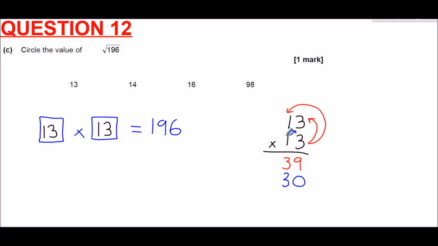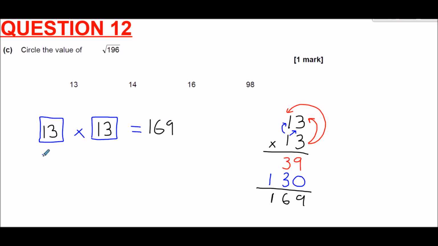And finally, 1 times 1, which is 1. And we just add up these two numbers. 9 plus 0 is 9. 3 plus 3 is 6. And the 1, 169. And so 13 times 13 sadly wasn't 196. It was 169. It needs to be 196.